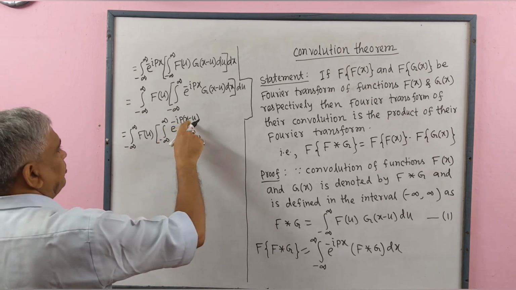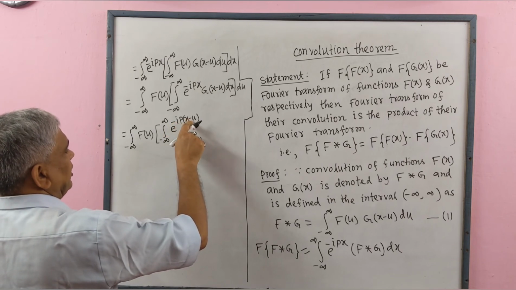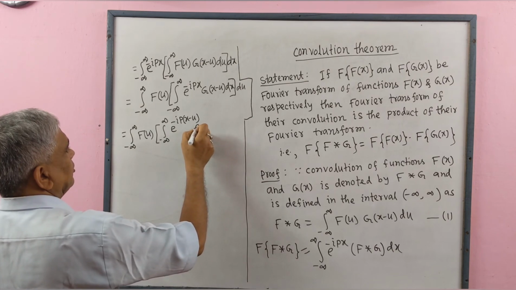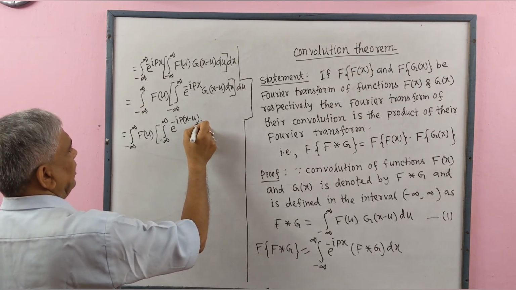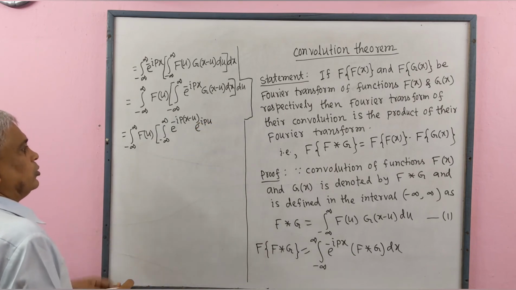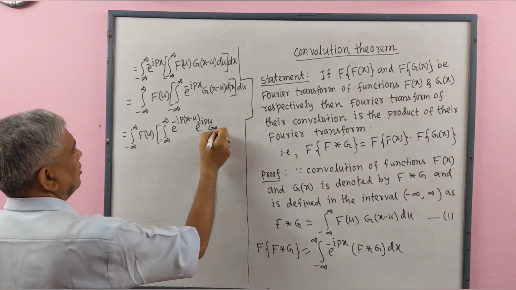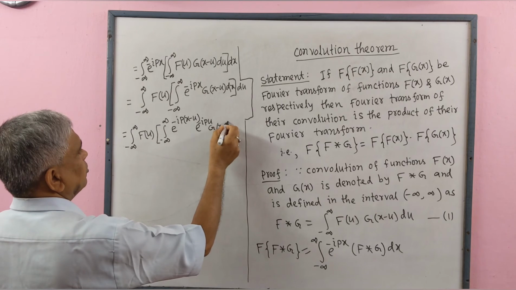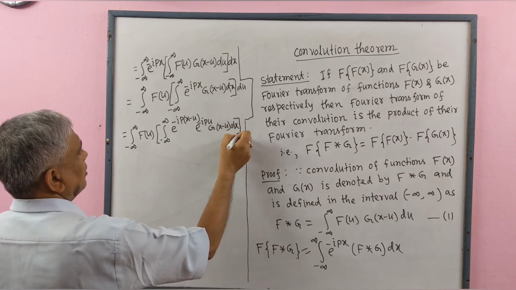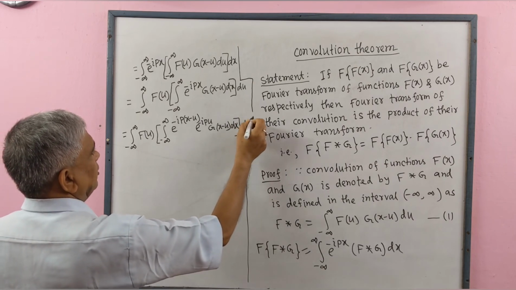Here we have written an extra term, minus minus plus ipu, so we give minus ipu to adjust this. Then g(x minus u) dx, and outside du.